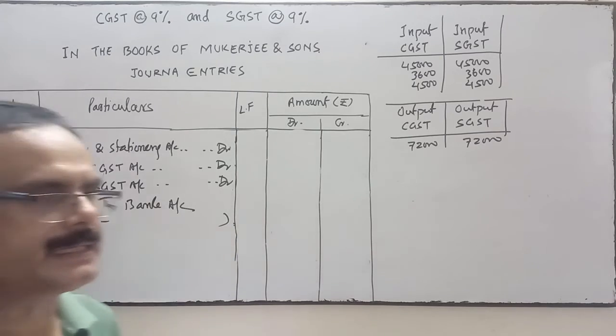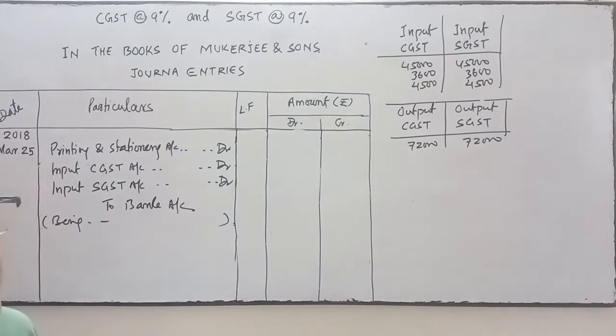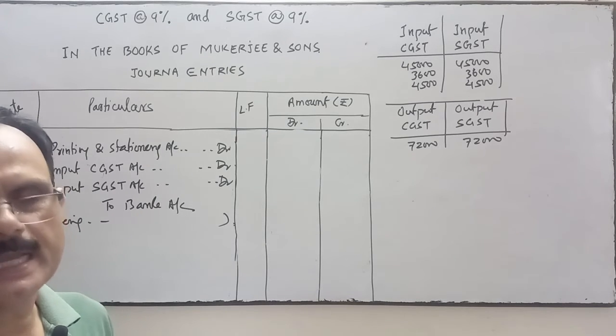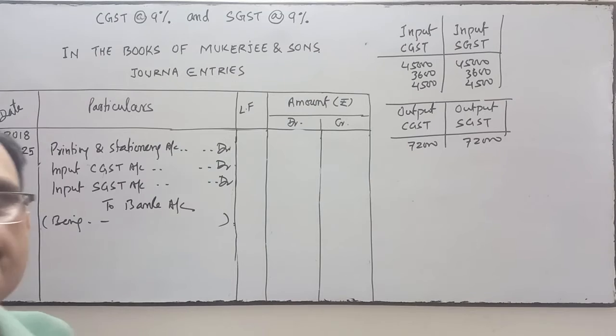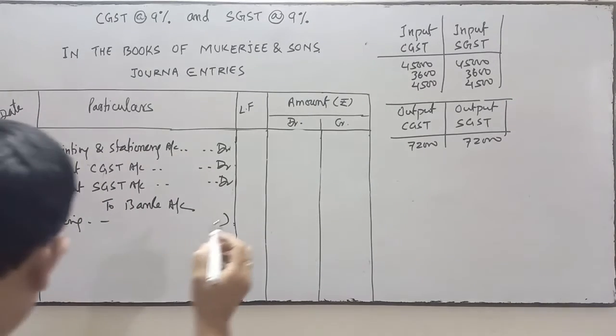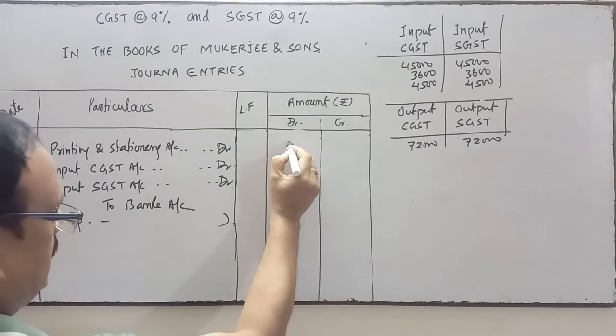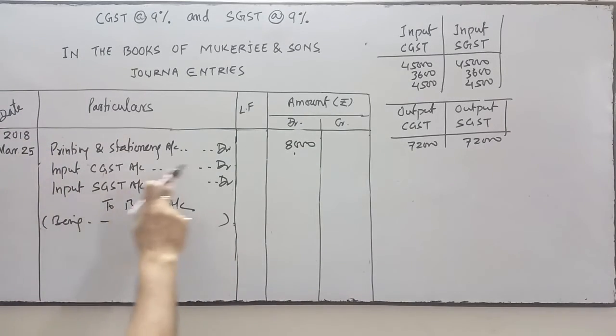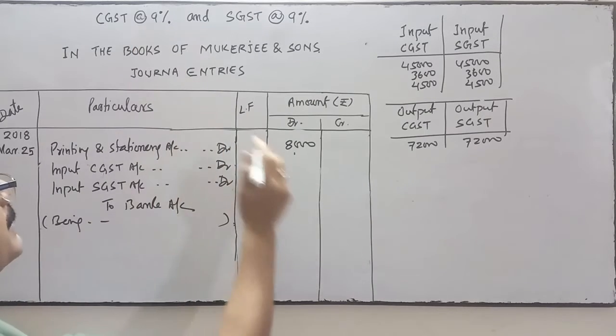Being printing and stationery paid by check including CGST and SGST at the rate of 9% both. So printing and stationery is 8,000. We'll calculate the input GST at the rate of 9%.